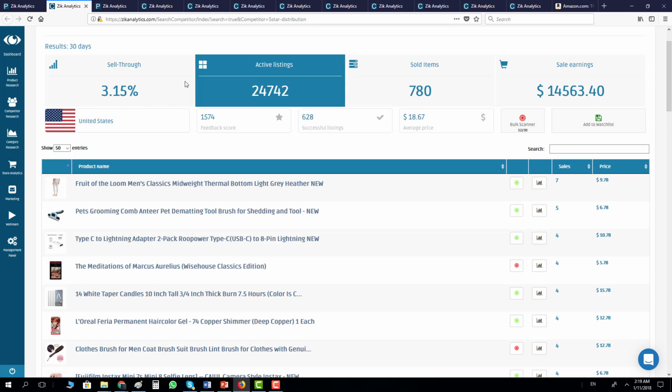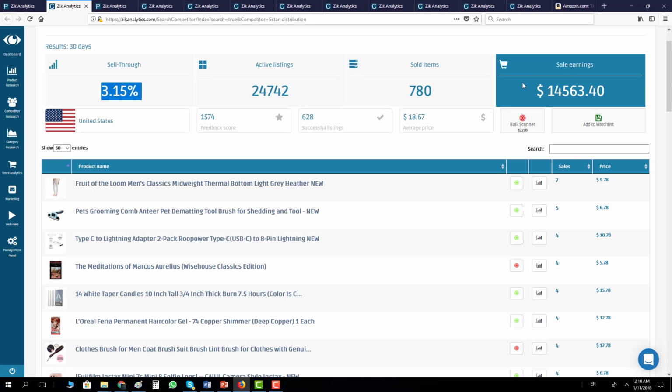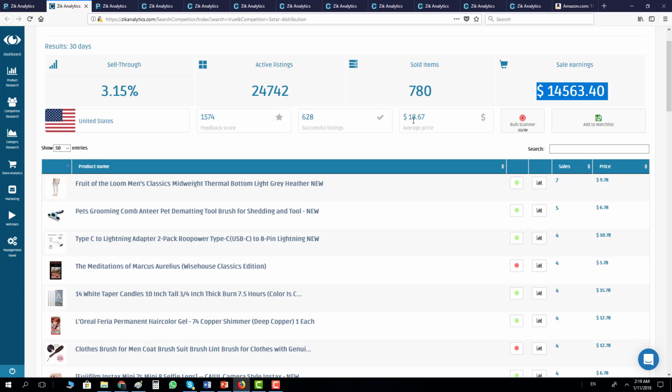Even if the seller has a low sell-through rate or low sell earnings, when his average selling price is high, that means he sells somewhat more expensive items, and we like items that sell for more than $30 or $40, because usually those items have a higher profit. So from the selling average price we can understand that we may find some opportunities, okay?